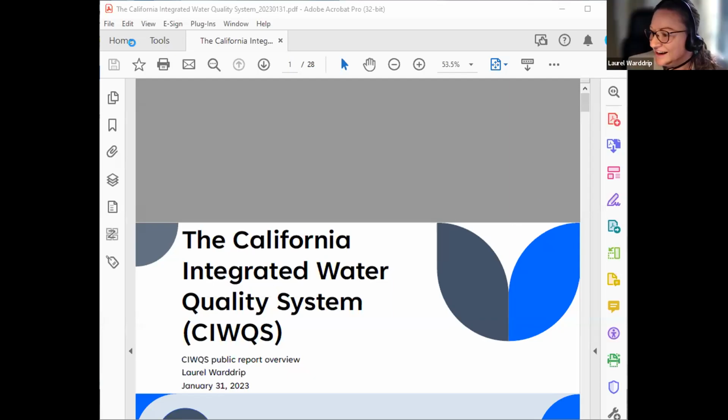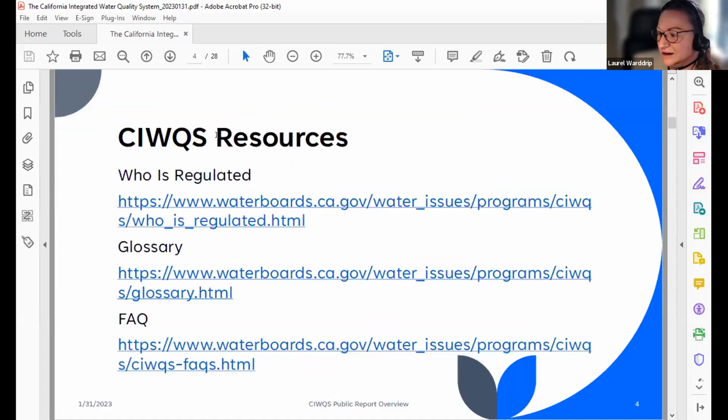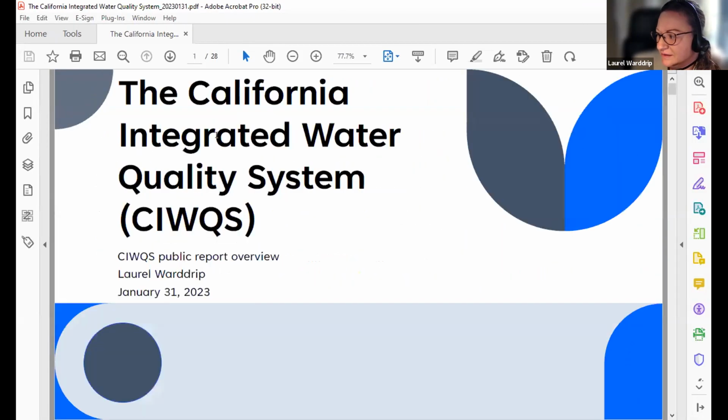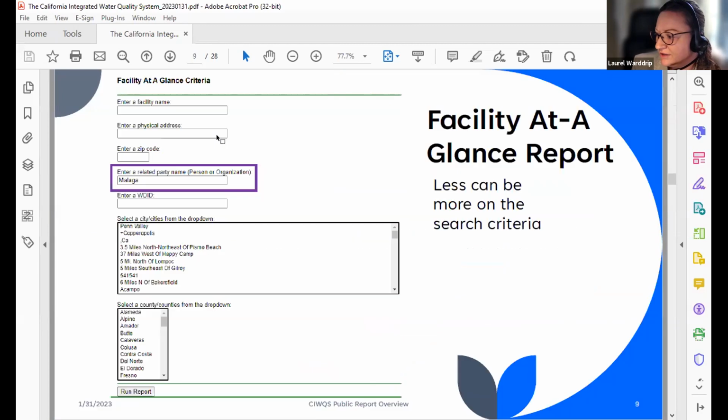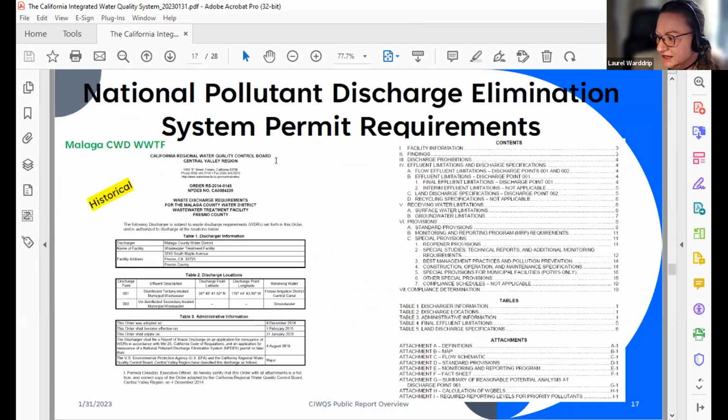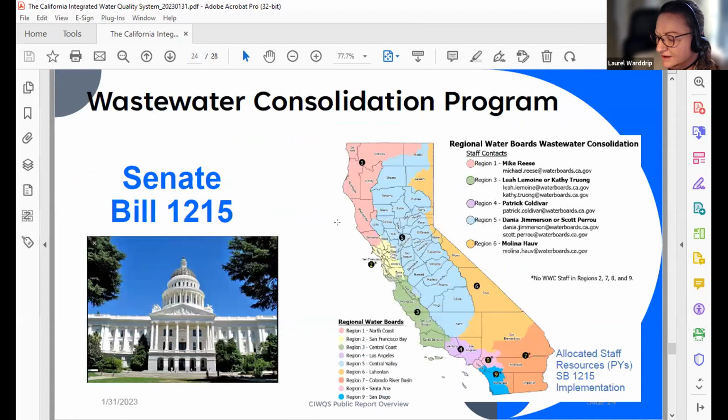Okay, sorry. I was saying they're going to send the slides out, so you'll have it. But here's the slide for the wastewater consolidation staff. I know that type is really small.